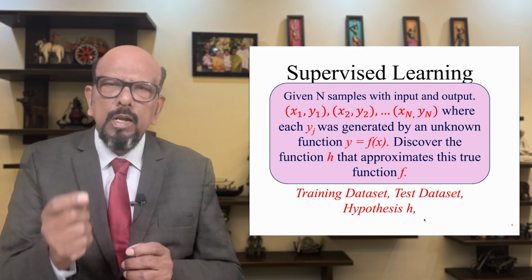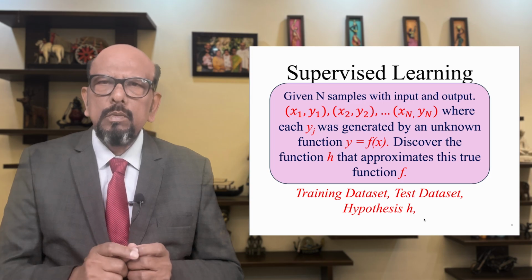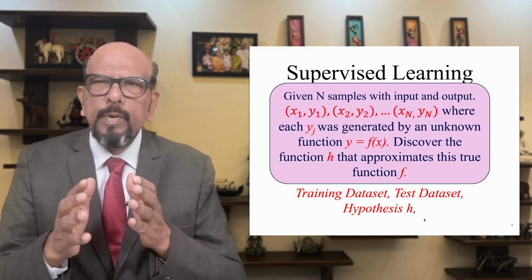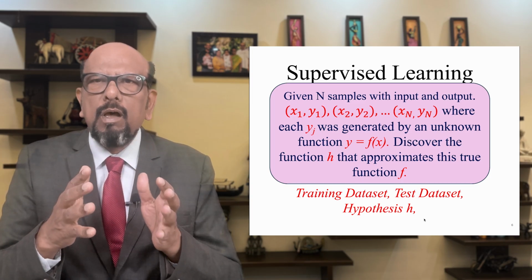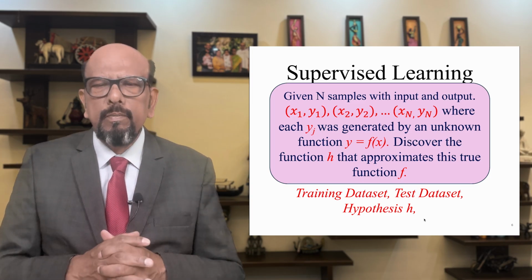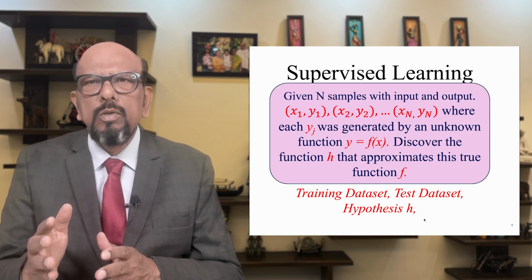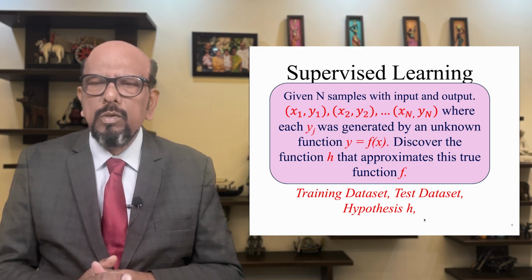Y1 tells whether the patient is diagnosed positive or negative. Similarly, another patient, X2 represents the 20-30 medical parameters of the second patient. Y2 is the label which tells you whether the patient is positively diagnosed or negatively diagnosed.